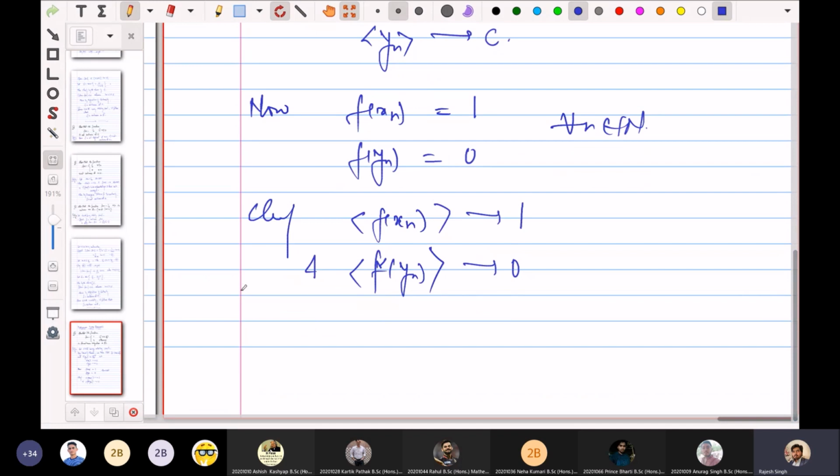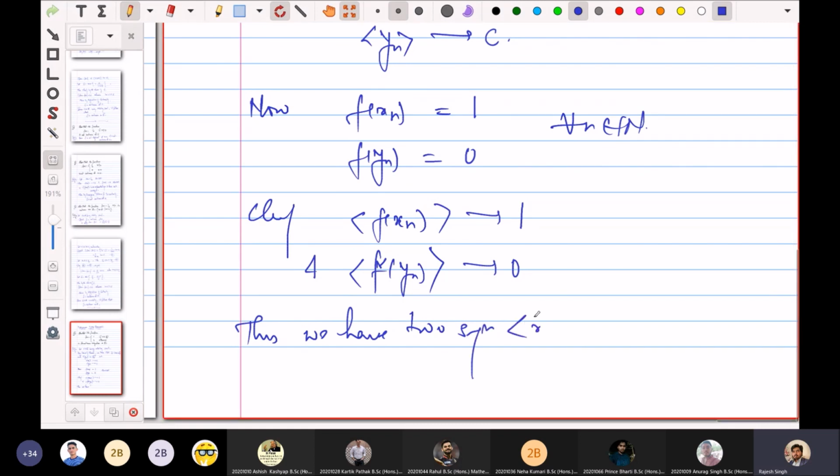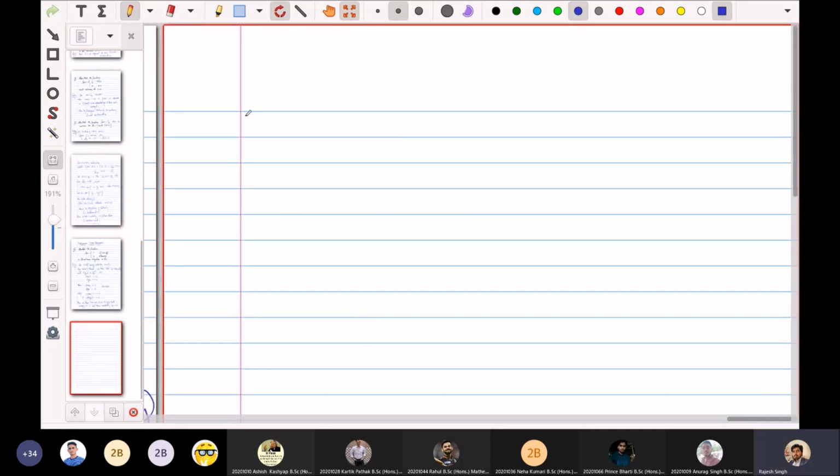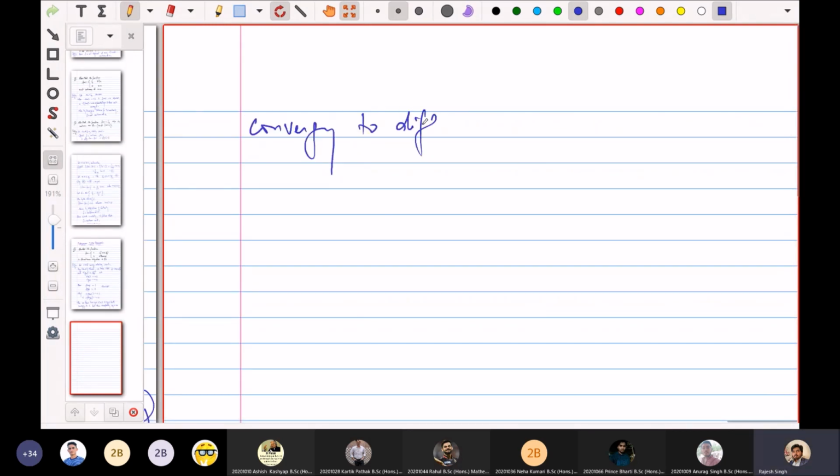So we have two sequences xn and yn both converging to c, but their corresponding sequences are converging to different limits, right?